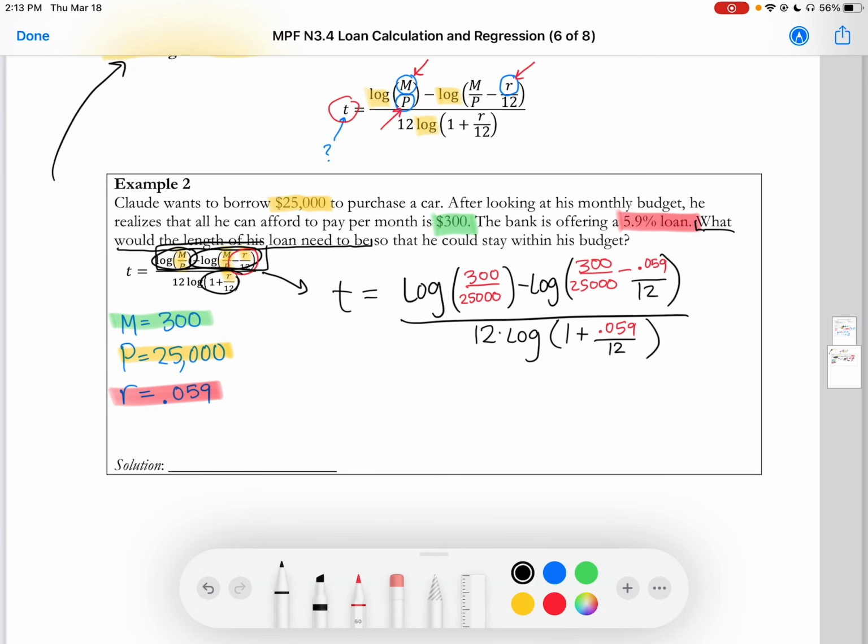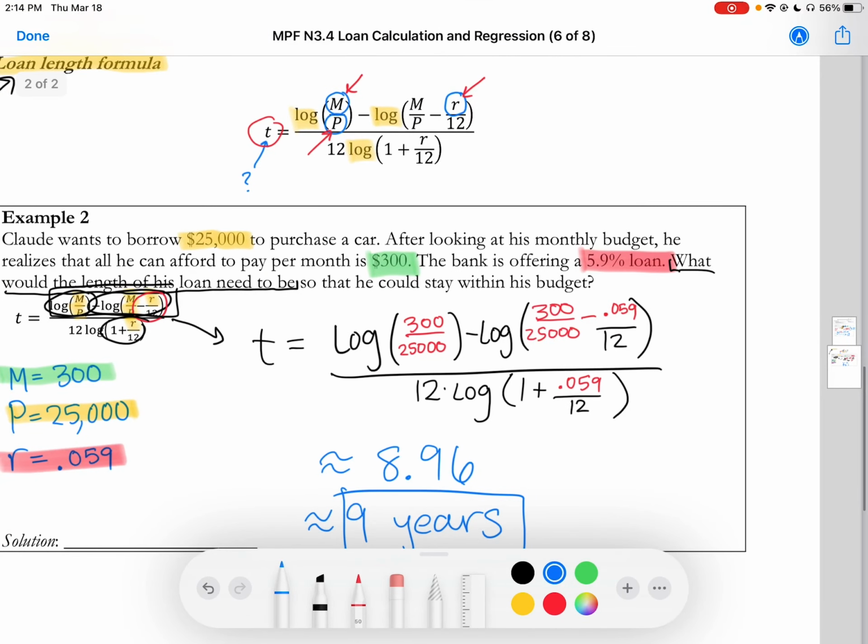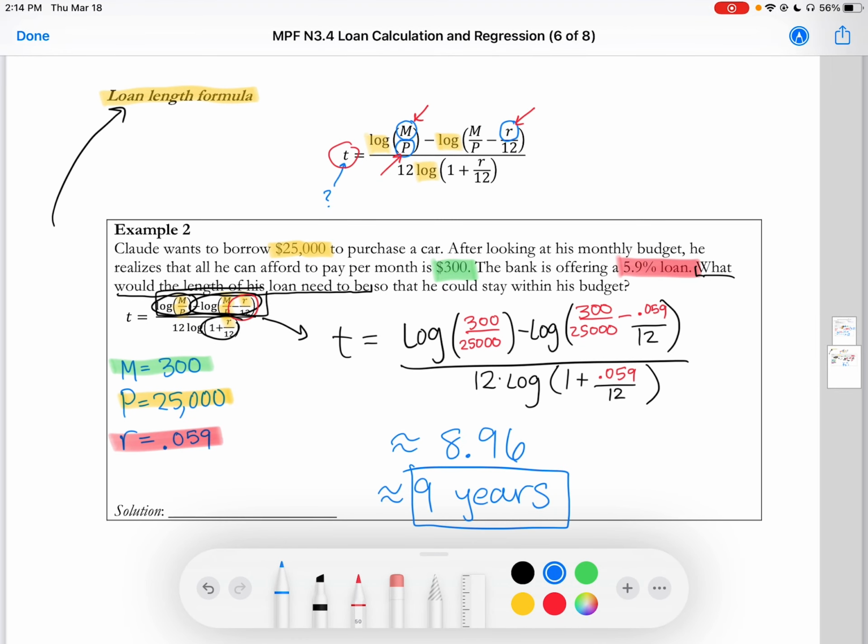So I'll go back over to my notes. That is about 8.96, which we're going to round. That's about 9 years. That's how long his loan needs to be if he only wants to pay $300 a month. So there's that example.